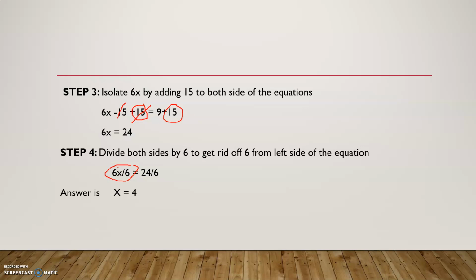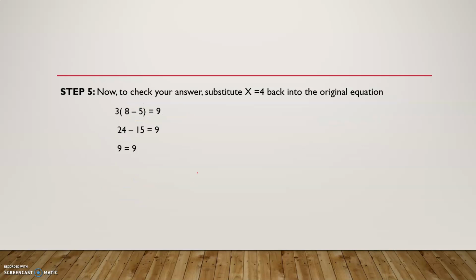We can cancel out 6 and 6 vertically, and 24 divided by 6 is 4. So the answer is 4.